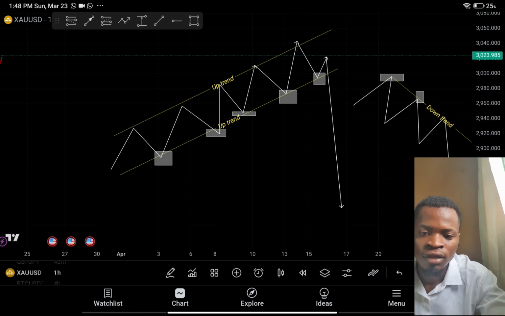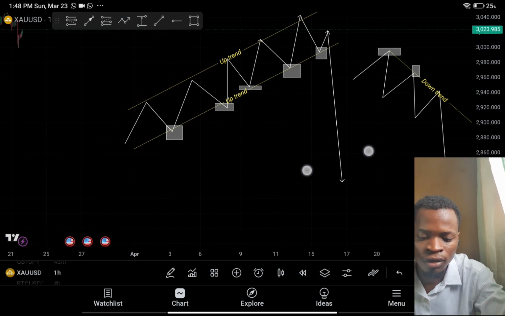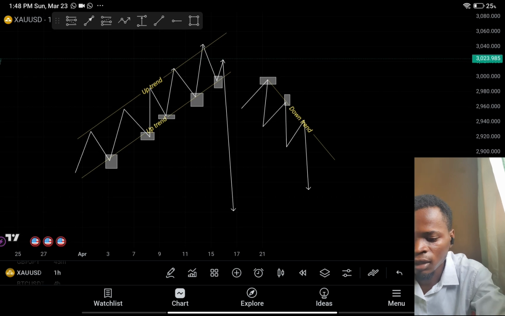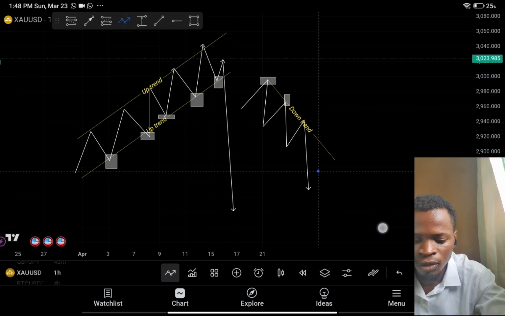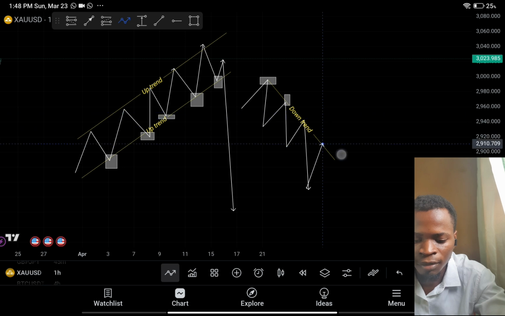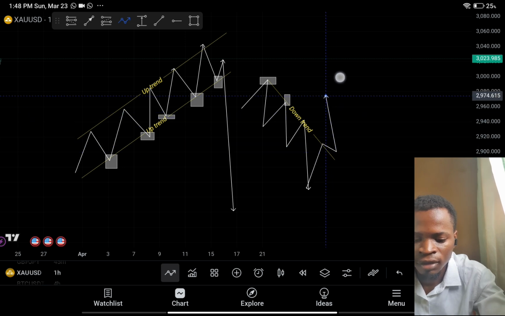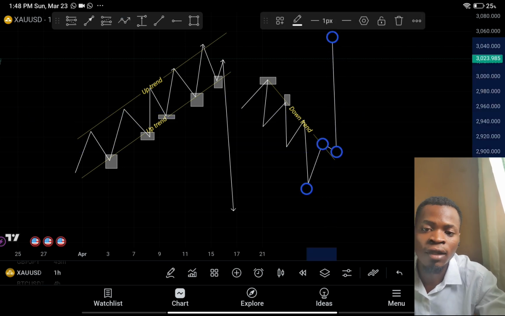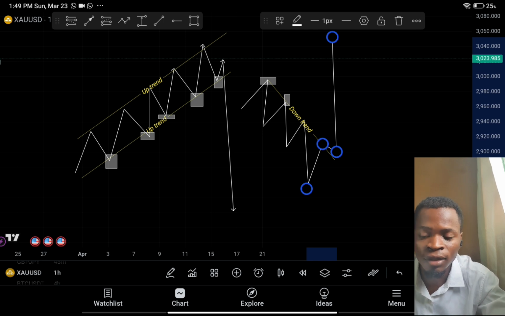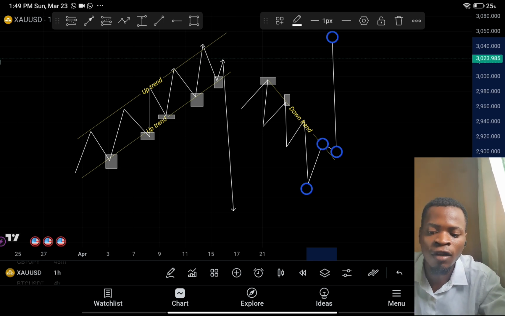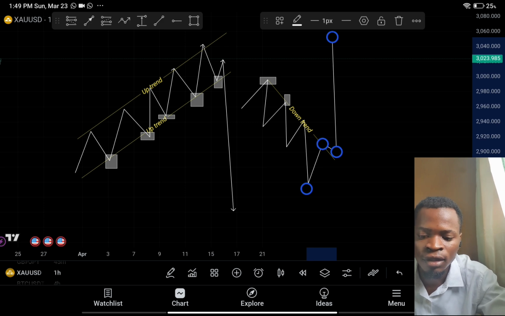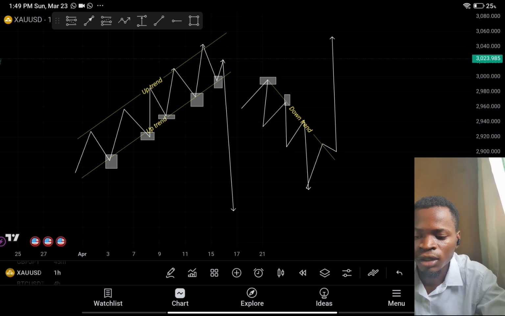And also this trend line you see here can also come here and break above like this. You see, trend line can break. That's number one important note you need to know. And number two is that you can have multiple trend lines in your chart.